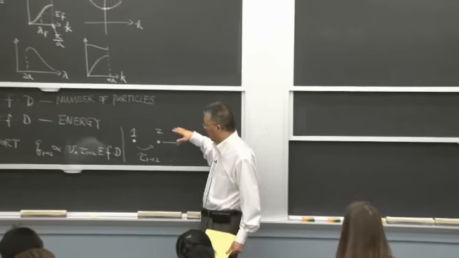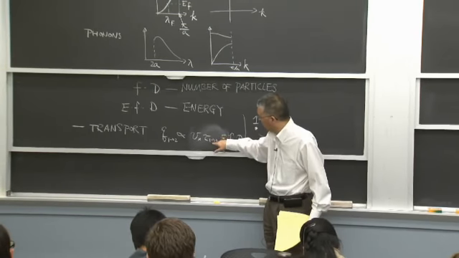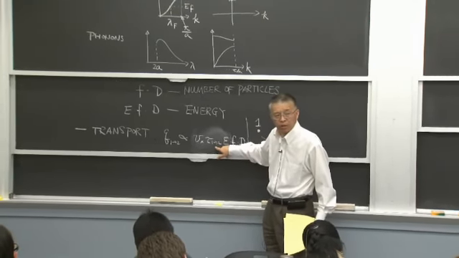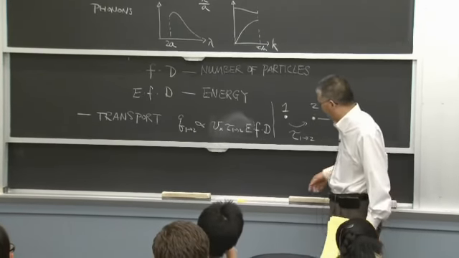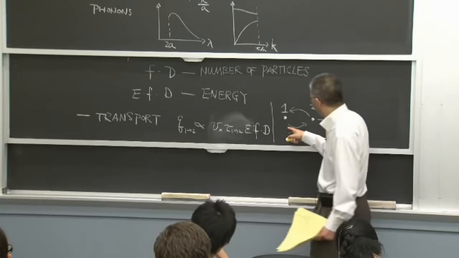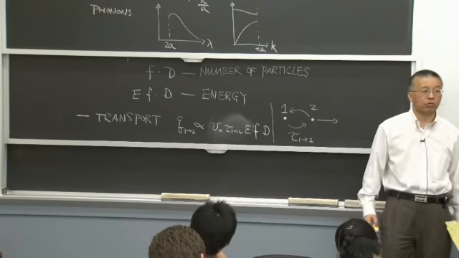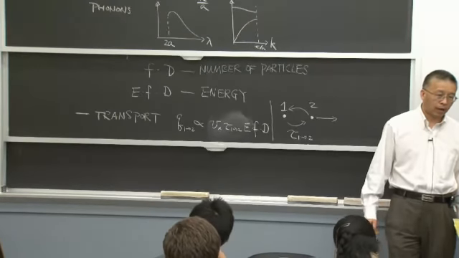In the coming chapter, we're going to focus on using the wave picture to deal with this transmittance. And then if I want to find the net flux, if you recall in chapter 1, when we derived Fourier's law, we said it's from 1 to 2 minus 2 to 1. The difference gives me the net flux, right?